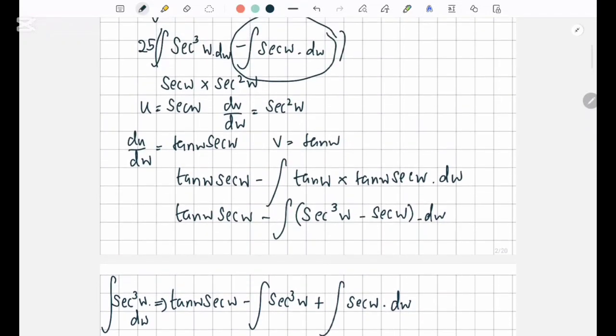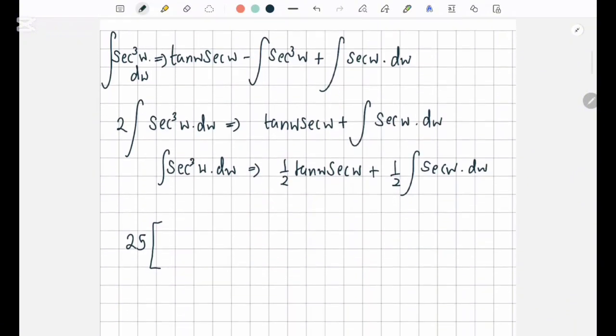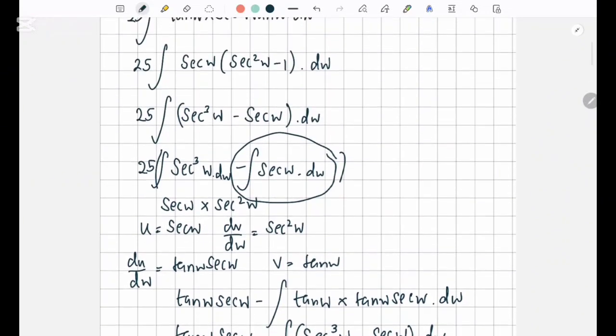Now instead of writing sec cube w, I'm gonna write half tan w sec w plus half integral of sec w dw minus, now 25 has to be multiplied by every term, right?